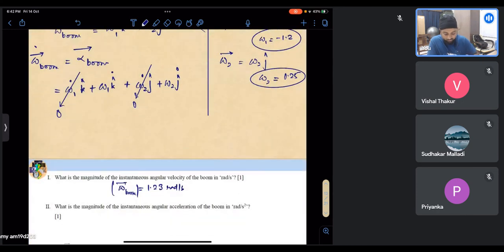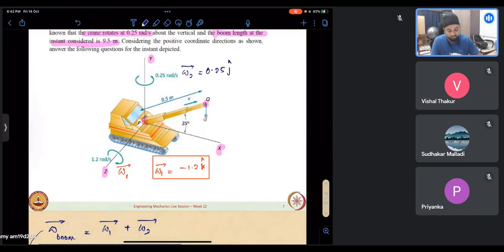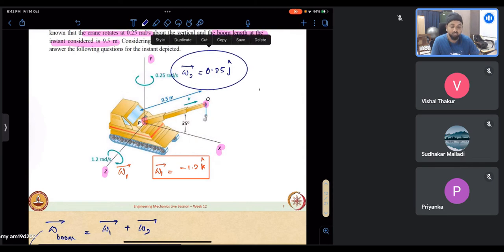So how we can account for that is alpha. It is nothing but the entire system having this rotation, which is causing the directional change in our angular velocity.